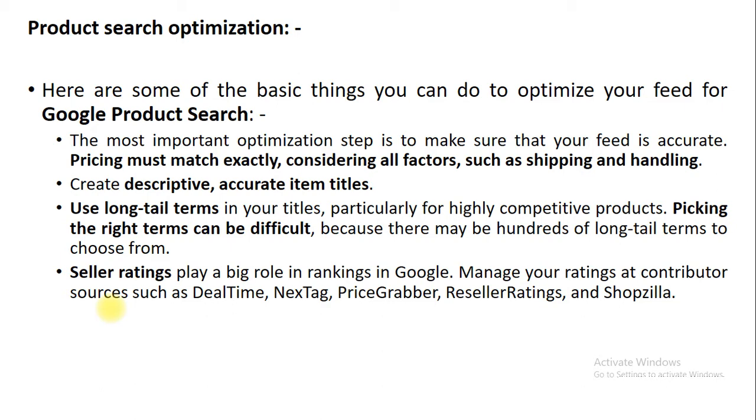Otherwise, sometimes you may get an advertisement for a particular product where the price is 250, but when you visit that site, the price of the same product is very high, maybe 1000 or 2000. So when you want to improve the quality of product search, you need to put the accurate price for the particular product.